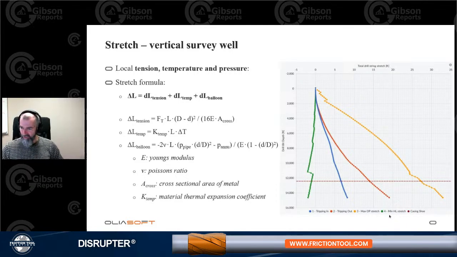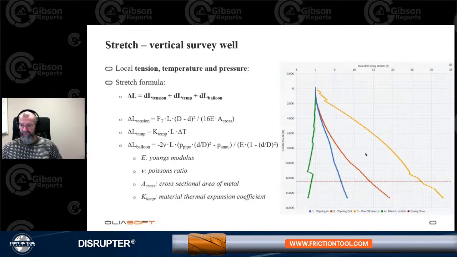Which is not that common perhaps. And if you are familiar with roadmap plots, this should look very familiar. Basically what I've done is I've taken the minimum hook load values, and I've calculated the stretch for those minimum hook load values. And then I've done the same with the maximum overpull.